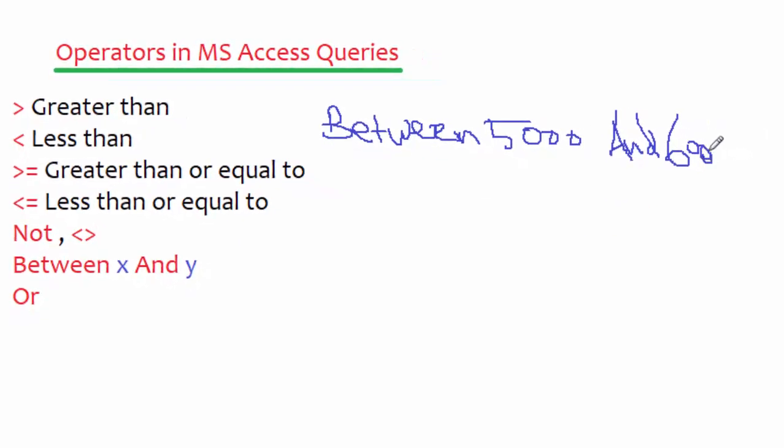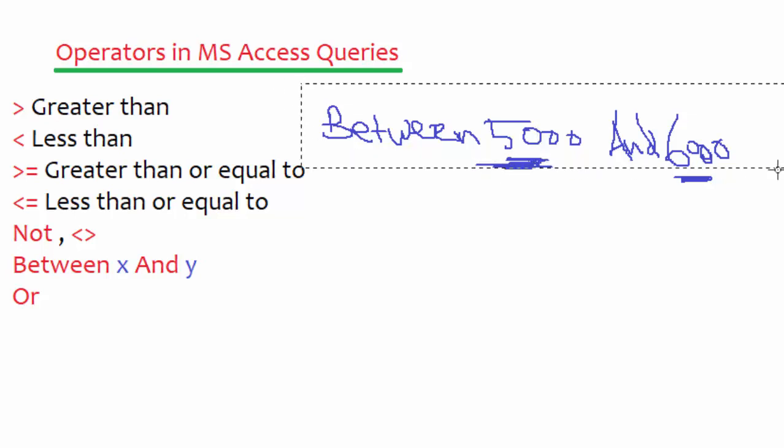So it means it will be returning the sales figures which are 5,000 or above and which are 6,000 or below. That is how we apply the between and operator.